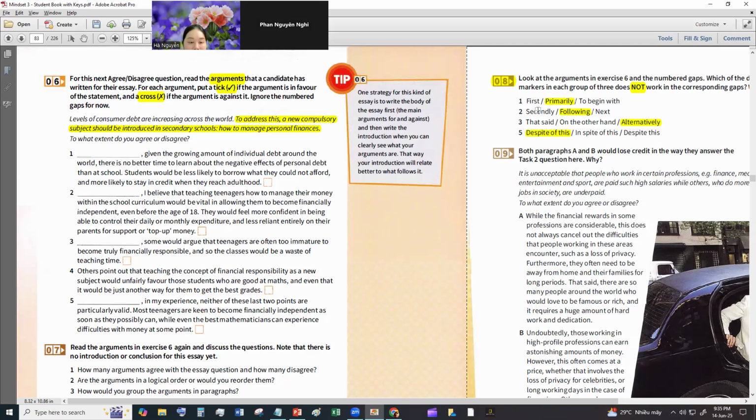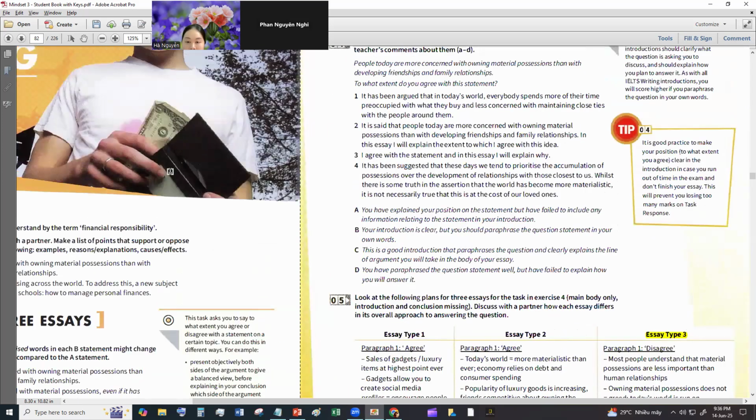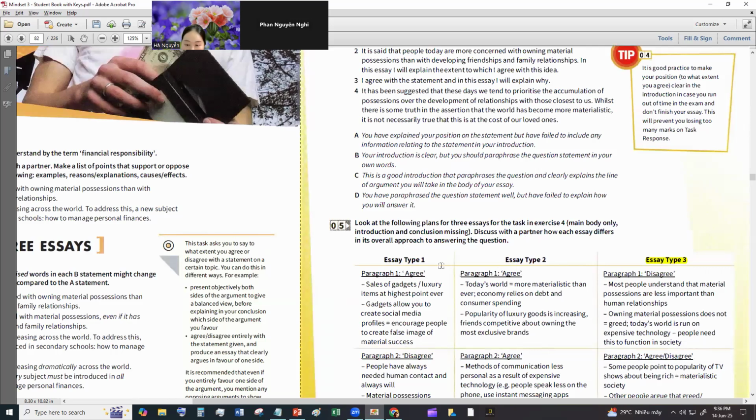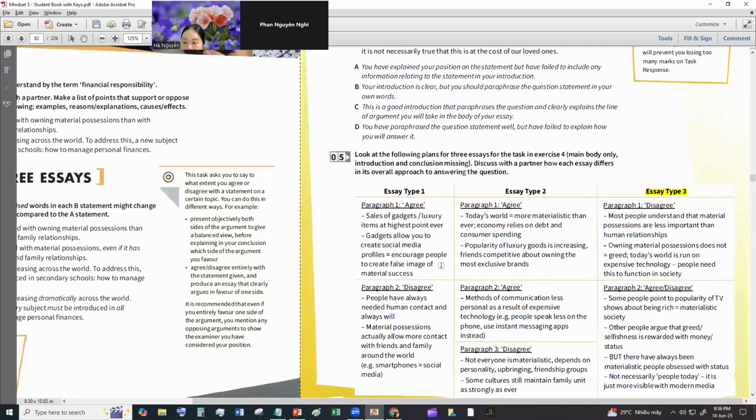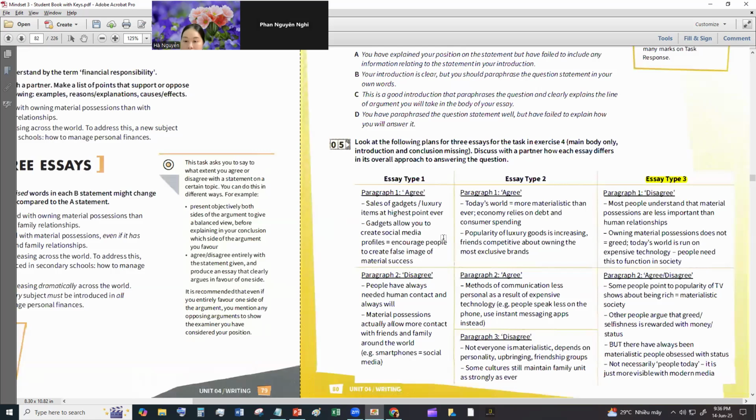Okay, well done. So Nghi, you've read some examples of introduction. You've read the types of body paragraphs you can use in an opinion essay. If you use type 1, it's easy to write, but remember to express your opinion clearly from the beginning and at the end of the essay.